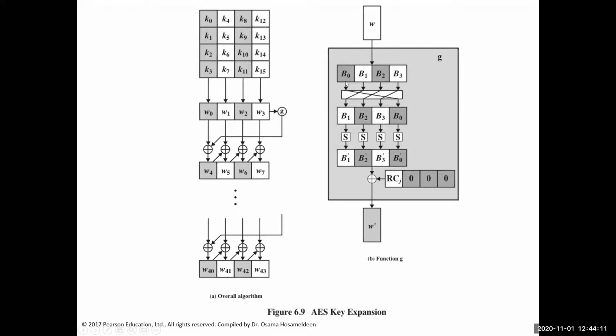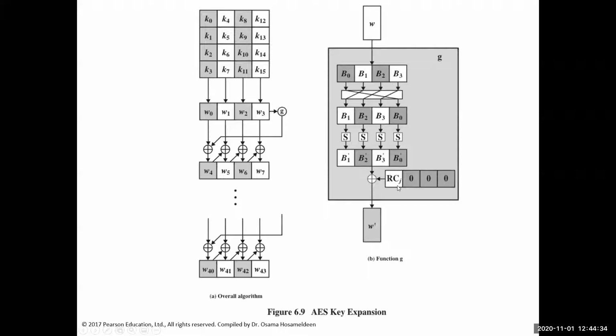For example, B0 is moved to the right, B1 is moved here, B2 is moved here, and B3 is moved here. It is just scrambling the word. Then it applies the S-box operation to B1, B2, B3, B0, and the output is here after S-box substitution.